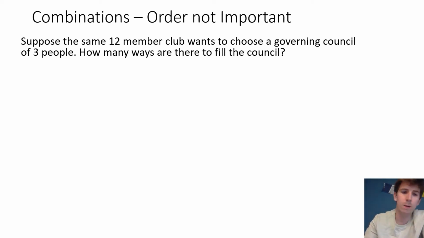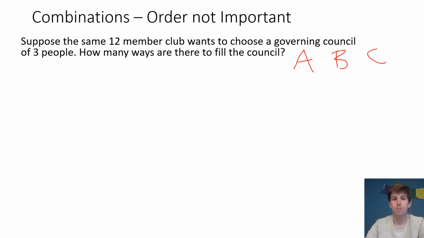In the previous example, if you had person A be the president, person B be the vice president, and person C be the treasurer, that would be different than person B being the president, person A being the vice president, and person C being the treasurer, and all those different configurations.